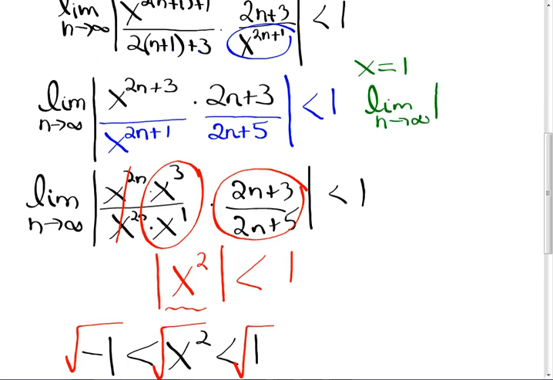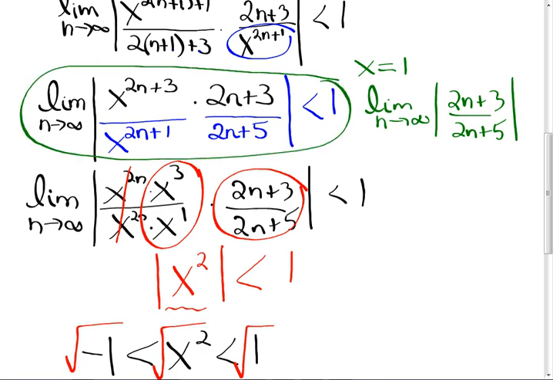And it's 2n plus 3 over 2n plus... This is my ratio test. Hey, I'm just trying to show you something here. Okay, if you try 1, the endpoint, you put it into your ratio test, what is that limit equal to? 1.